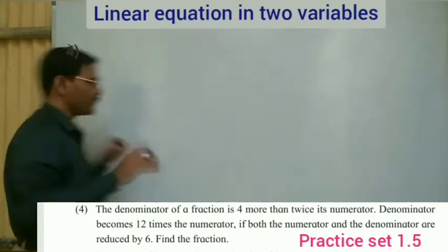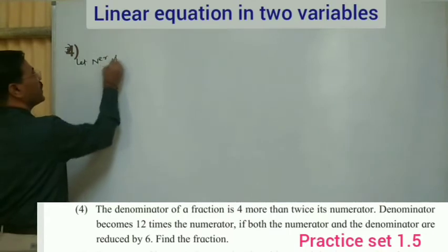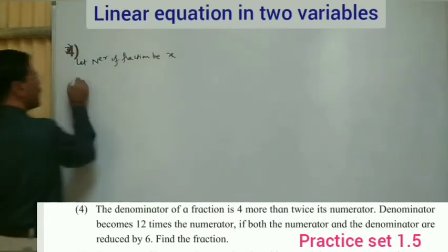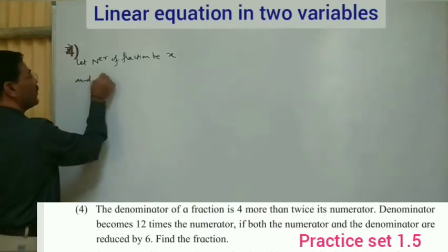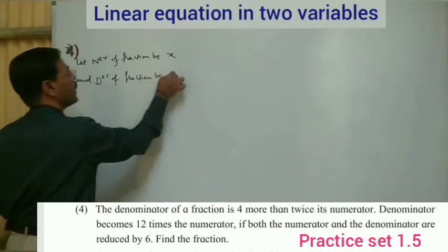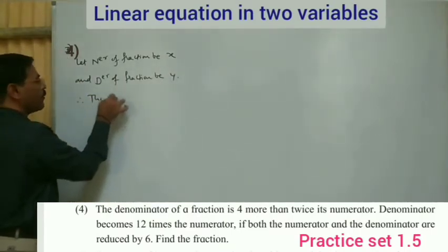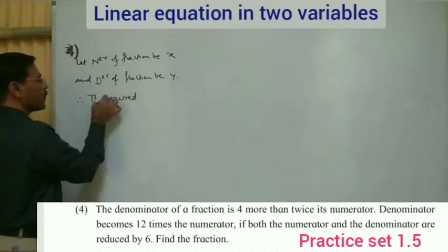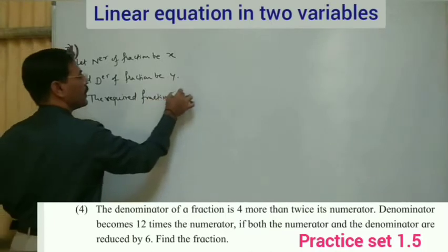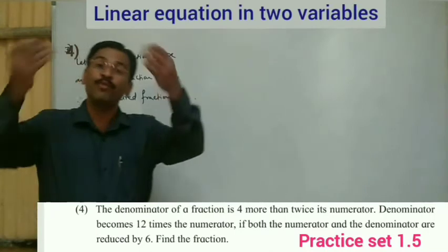Let numerator of fraction be x and denominator of fraction be y. Therefore, the required fraction is x upon y. This is the first information that we have to suppose.